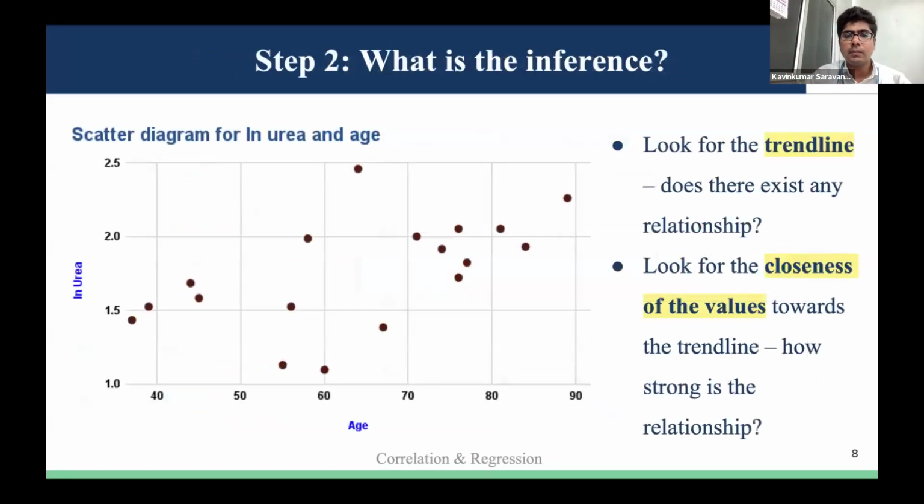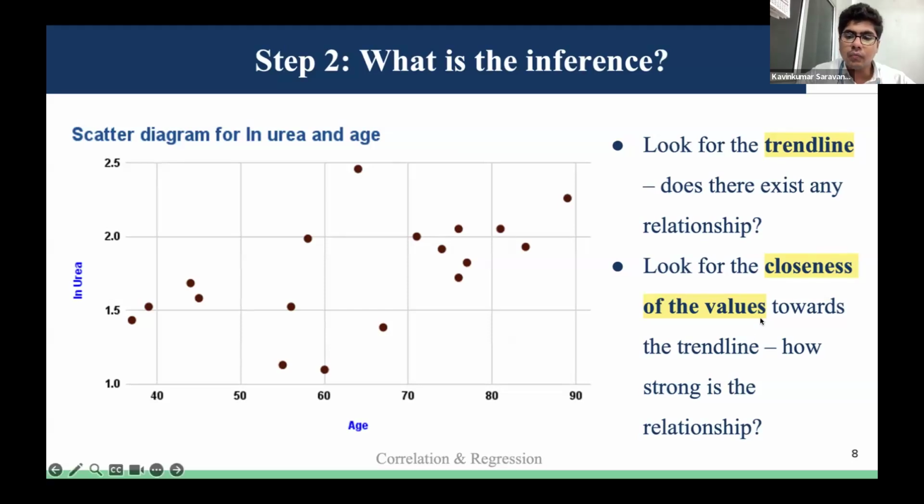So now, what would you infer from this data? That is the question right now. For this, there is a two-step criteria. At the first instance, just look for the trend line. What is the trend that is being shown in this entire graph, which will give you the idea whether age and urea are related or not related.